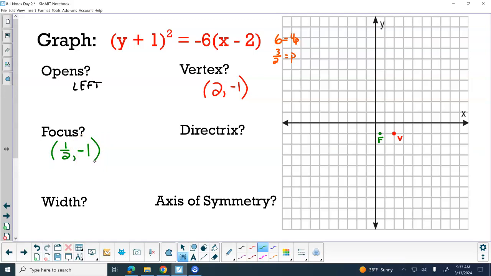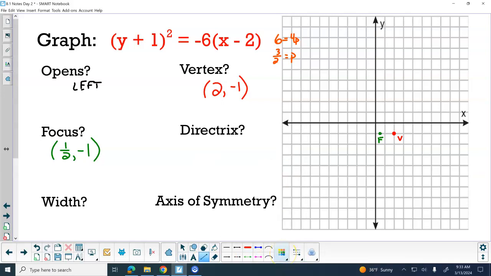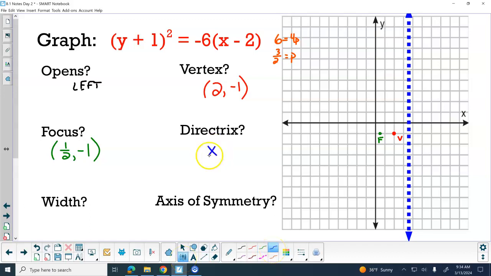My directrix would be 1.5, then the other way, to the right. So that's my directrix, and my directrix would be then the line x equals, what would that be, 5? No, 3.5 is 7/2.